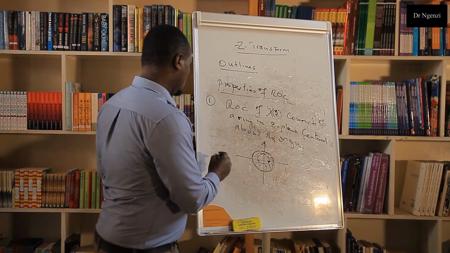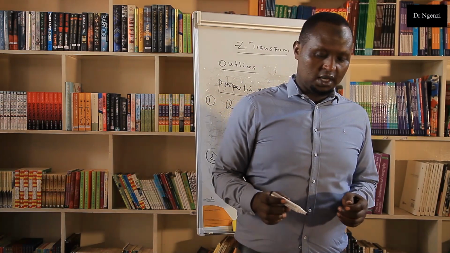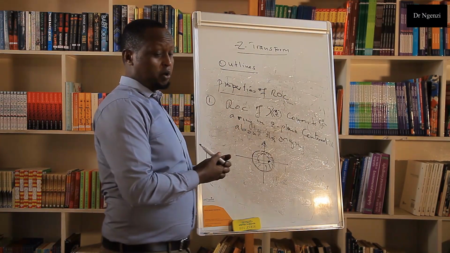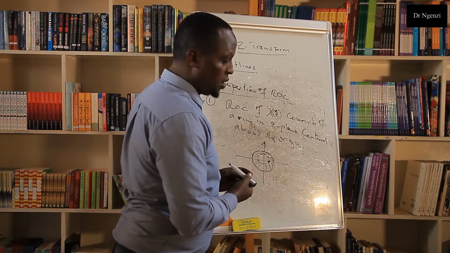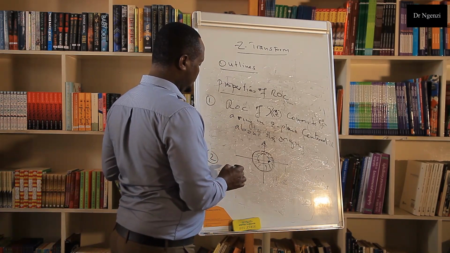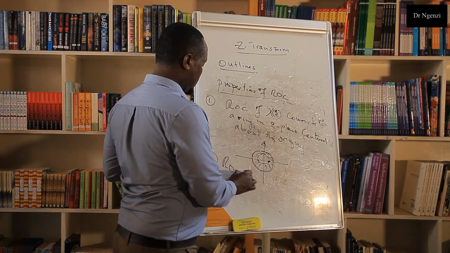Property number two is that the region of convergence doesn't contain any poles. What does it mean?